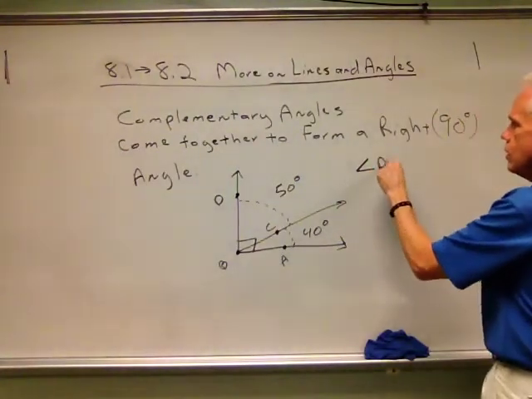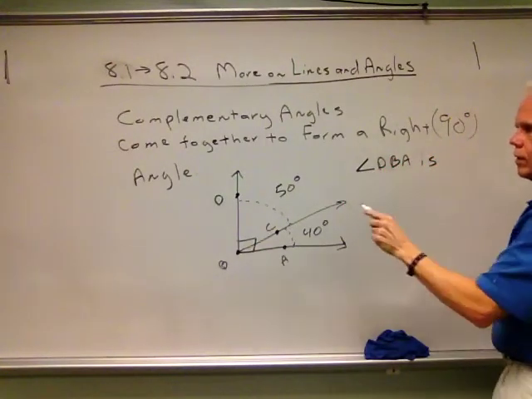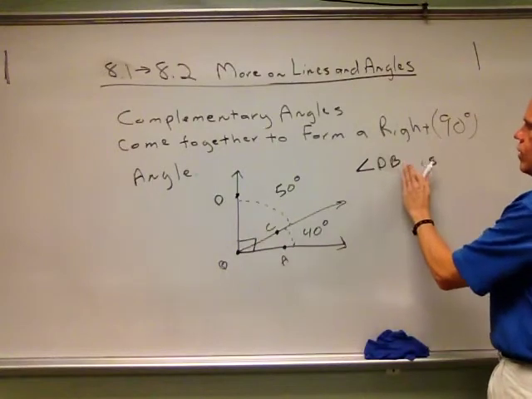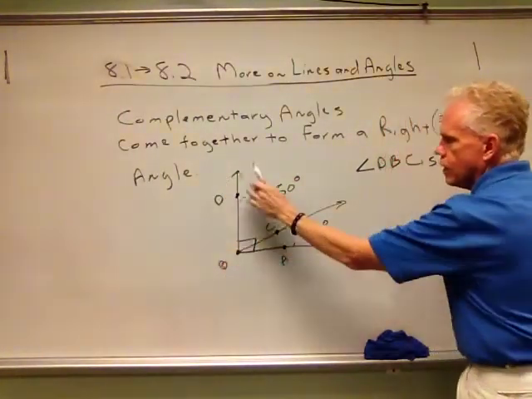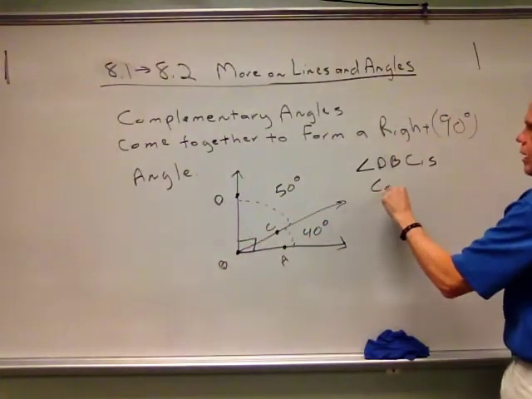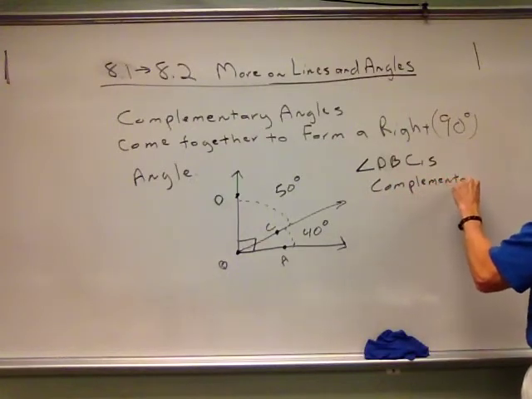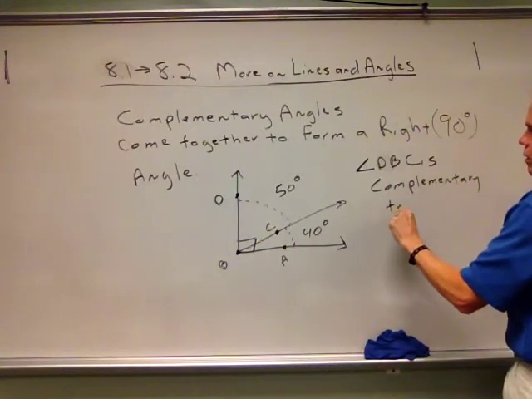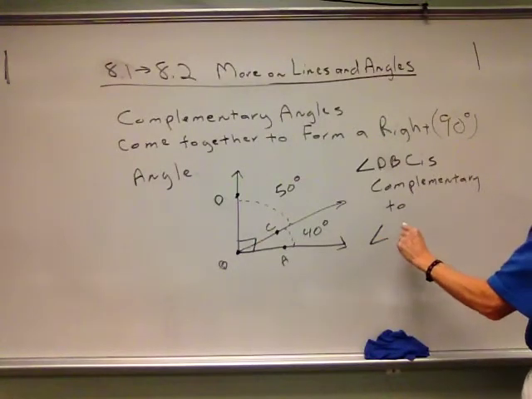Angle DBA is, let's change that, angle DBC. Angle DBC, right here, this angle, is complementary to angle, how about CBA?